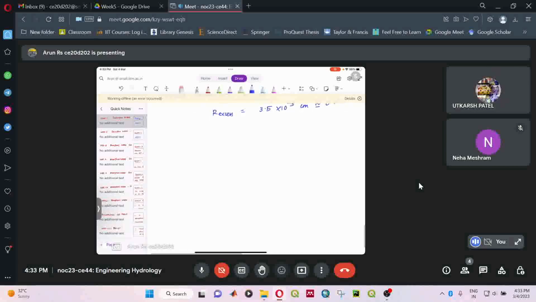So in this time step, what we are concluding is that the rainfall excess is negligible, and we can assume ponding starts from this time interval.